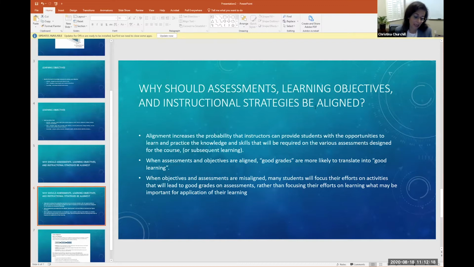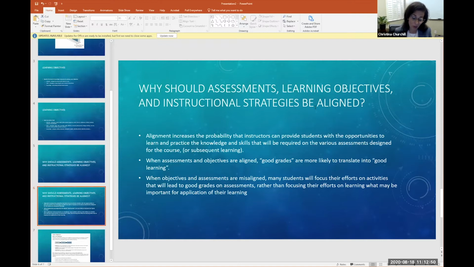So going back to statistical analysis with SPSS, if everything is aligned in my course, for example my activities were videos on how to do certain tasks, and some activities were to compute this or do an analysis using the software itself, and then the assessment is the same, that all ties together.